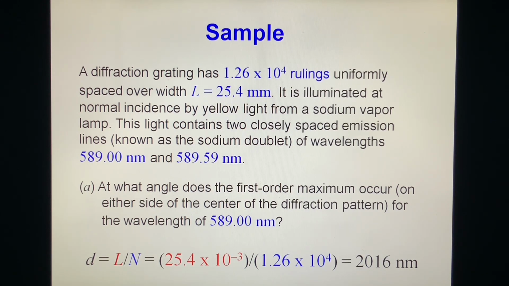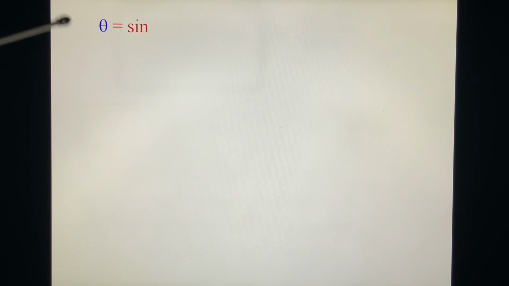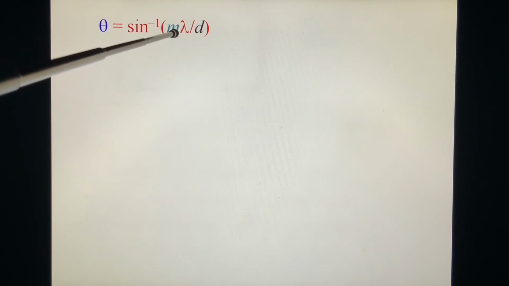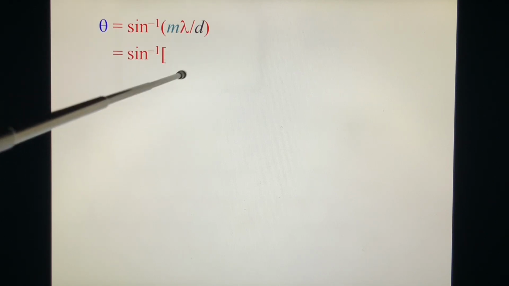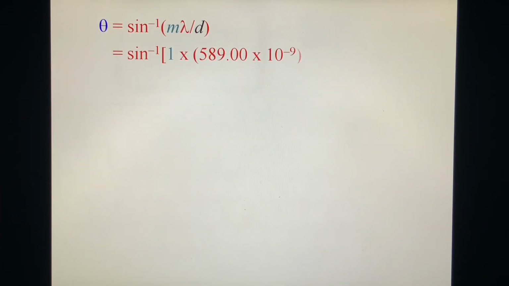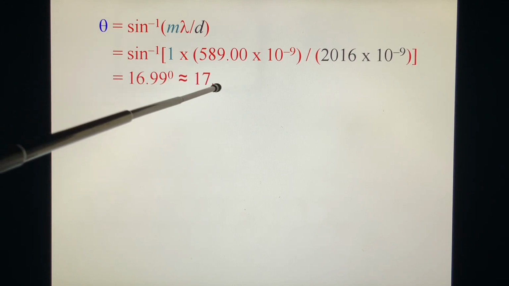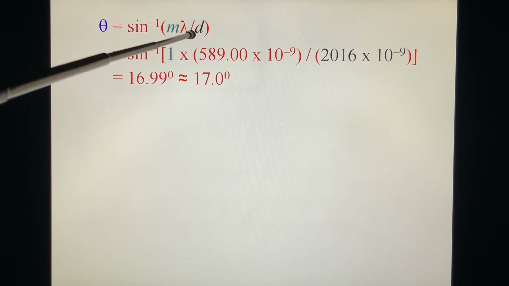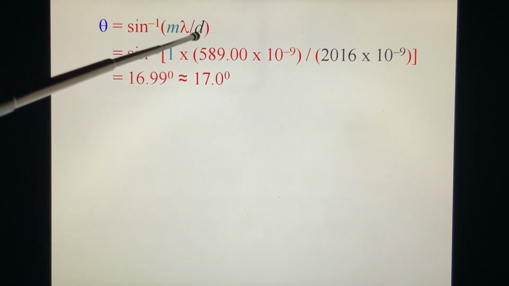Then we put in the equation for the position of the maximum, with m equal to 1, it's given. With lambda over d, we put the numbers in and we get theta. The theta is about 17 degrees. Remember, you have to use the unit meter for this, and meter for this too.